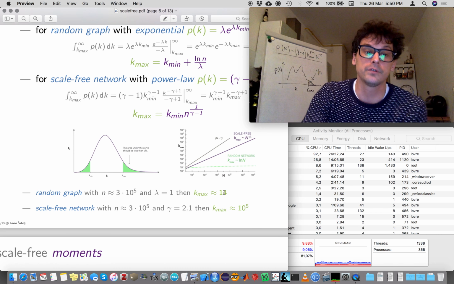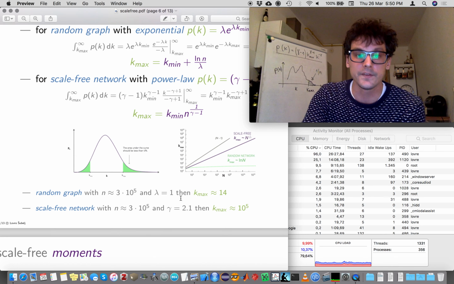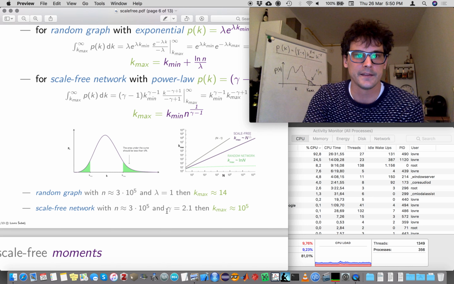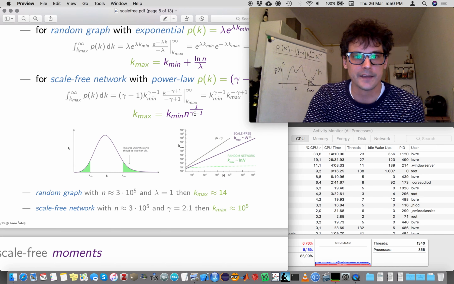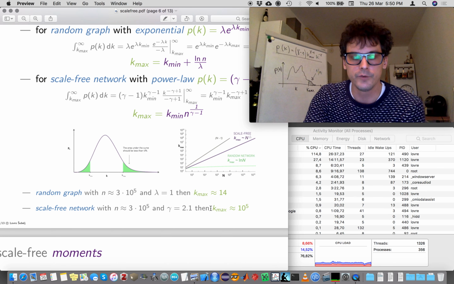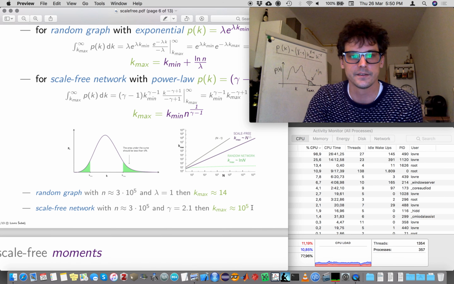However, if we do the same computation for a scale-free network with the same size, and let's take the estimate of gamma that was estimated in '99, and plug this in here, and again assume that k-min equals 1, what we get is that the maximum degree in the network is around 100,000.